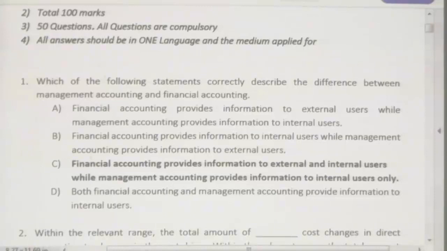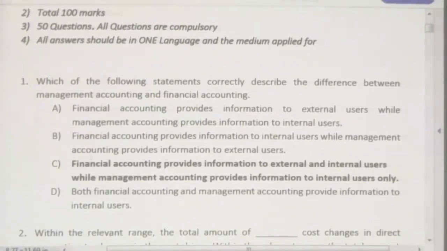If you have not referred to them, please refer to those videos before watching this pilot paper video. Once you refer to those videos and this pilot paper video, I can assure you will have enough knowledge to sit this exam. Okay, let's start with the first question.